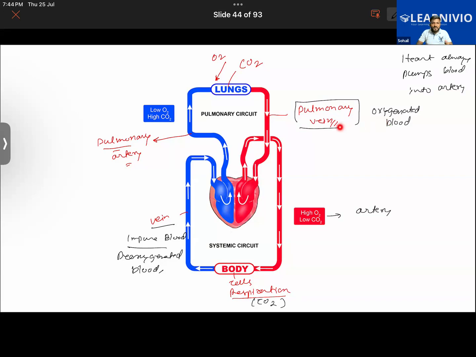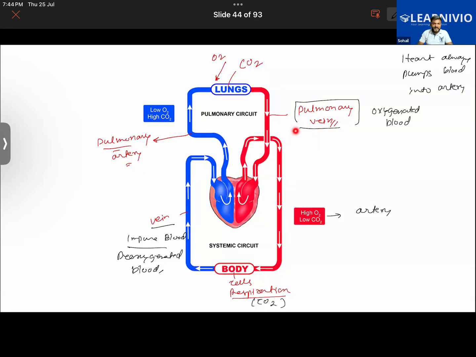Now one of you would think, why is this blood vessel being called a vein? Because generally we know that a vein carries deoxygenated blood, no? But here this is being called the pulmonary vein and it is carrying oxygenated blood. So why am I calling this pulmonary vein? Understanding the question? Yes, Fatima, generally veins carry impure blood, as we have learned here.